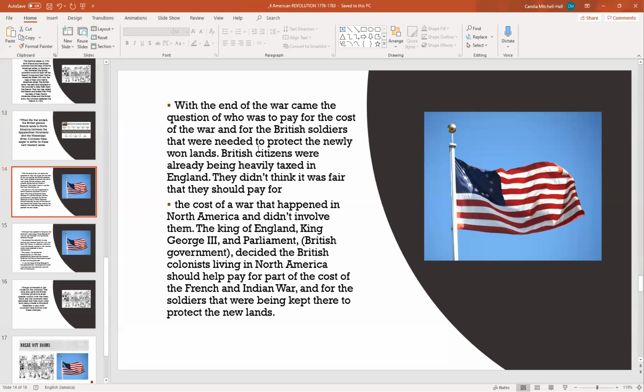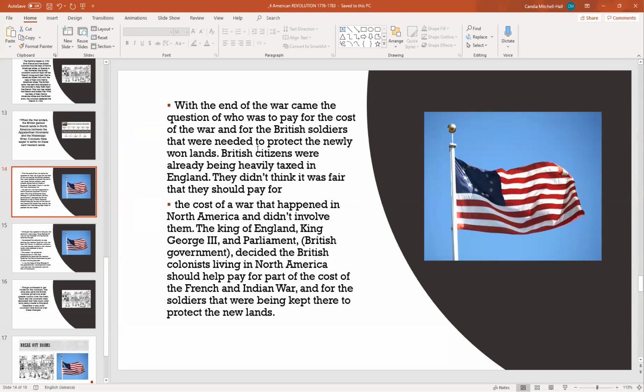With the end of the war came the question of who was to pay for the cost of the war and for the British soldiers that were needed to protect the newly won land. British citizens were already being heavily taxed in England.